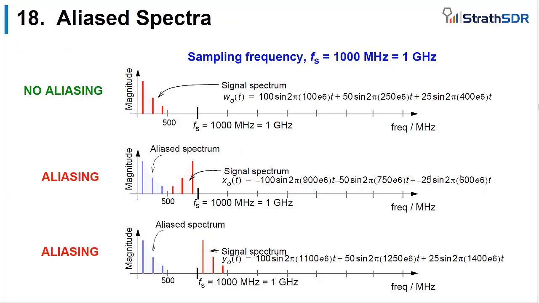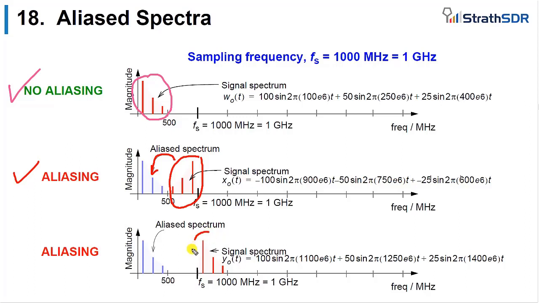So sketching this in the frequency domain, what we just saw was that if I had 100, 250, and 400 megahertz, and I sample and reconstruct, everything's good. No aliasing happens. But if you were to input signals at 900, 750, and 600, we saw that they will alias down to the baseband, and aliasing has happened here because they're above Fs over 2.